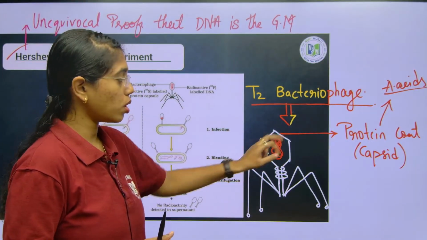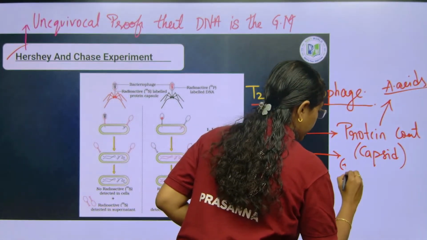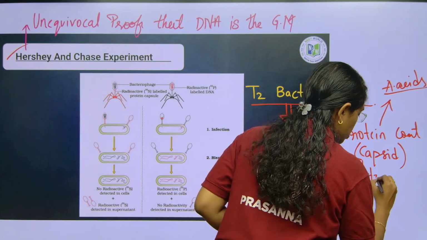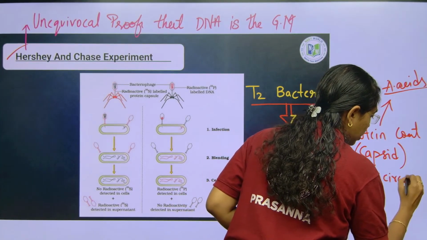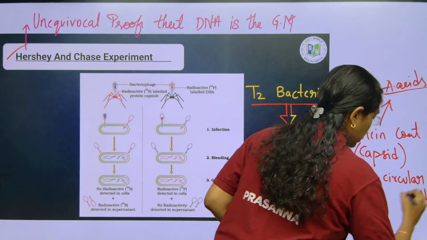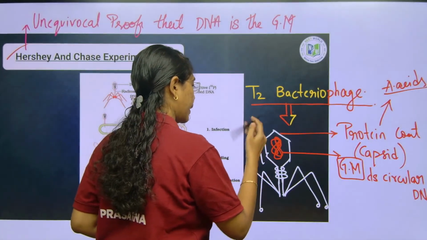It is composed of amino acids, and inside you can see the genetic material, which is double stranded circular DNA. And this first component is what? Head.